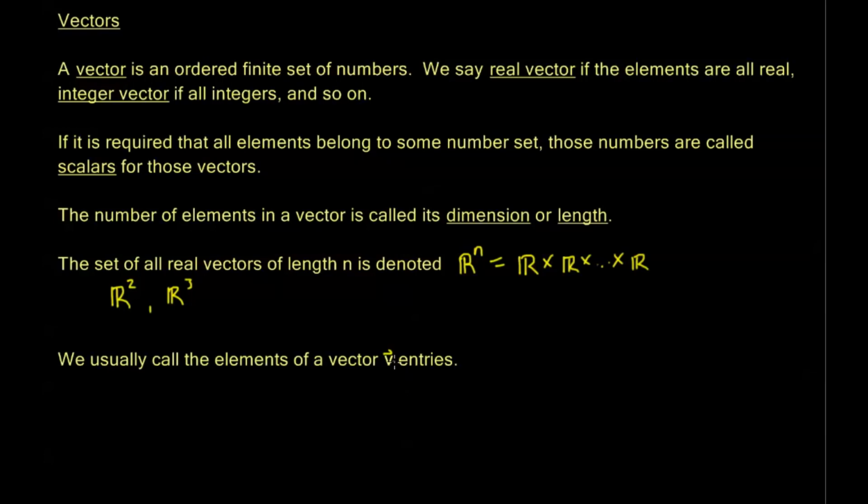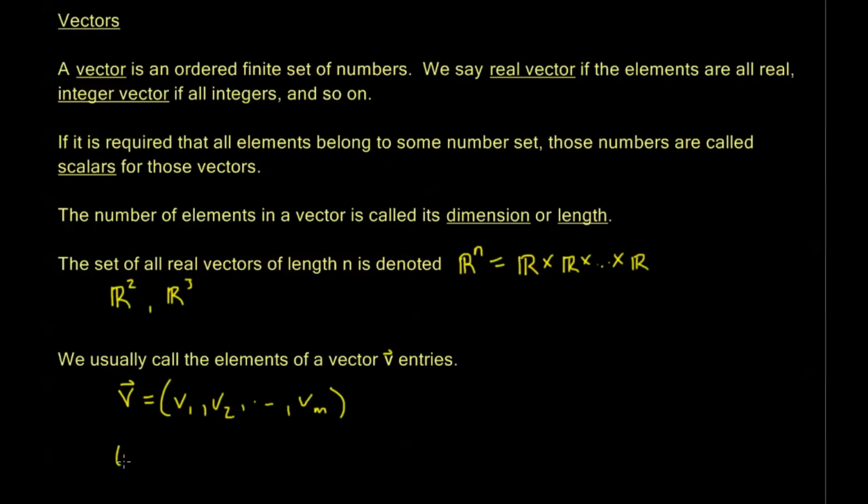So if the letter is bold, that means a vector, and if it has this little half arrow on top, that also means it's a vector. We would usually write the vector v equals v1, v2, all the way to vm, however many entries it has. This is how we indicate a general vector v of length m.